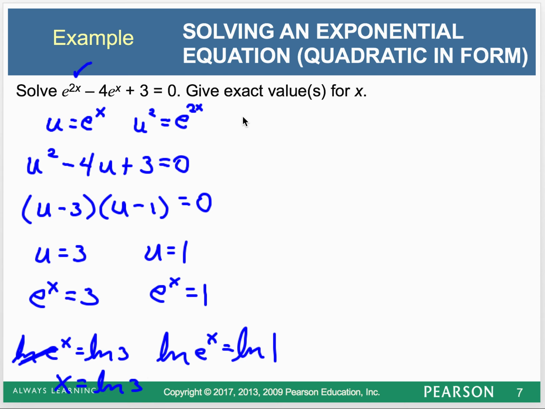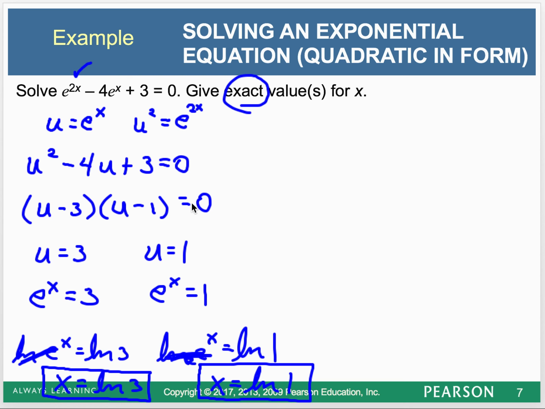Notice this time it says give exact values, and that's what your test is going to be. So that's your answer. You don't have to plug it in your calculator. Again, because they had the same base, x equals the natural log of 1. So your two answers were the natural log of 3 and the natural log of 1. You've got one like that on your homework, at least one I know of, so be careful with that.